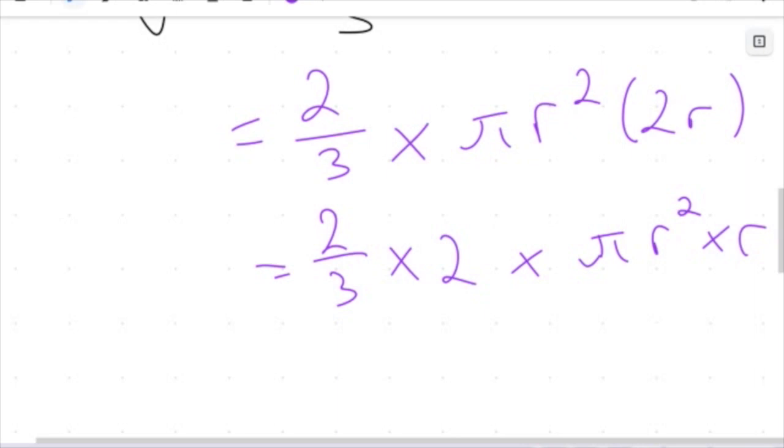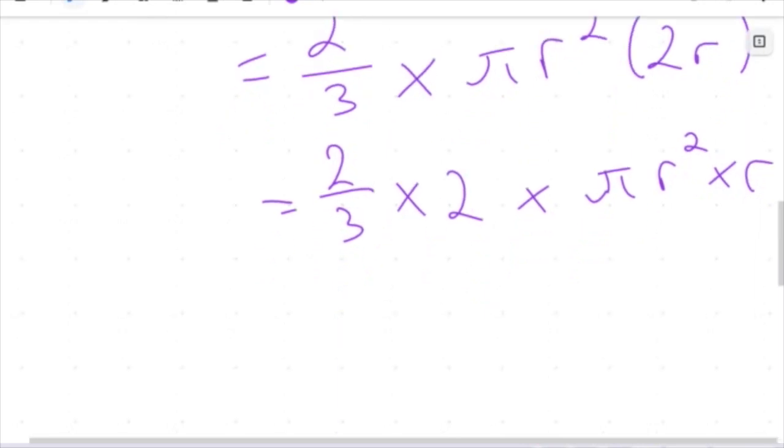Okay, so if I multiply 2/3 by 2, well, I can think of this as just a fraction, 2/1. So I'm going to multiply the numerators and I'm going to multiply the denominators. So 2 times 2 gives me 4. 3 times 1 gives me 3. Or if you just take a fraction of a quantity, you'll get 4/3 in the same way.